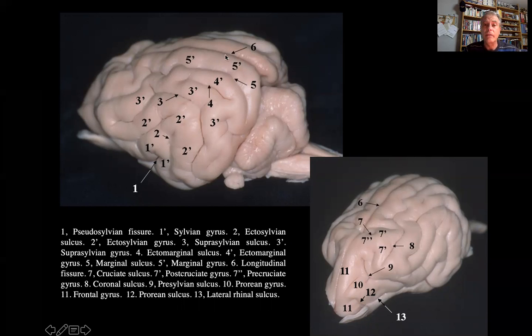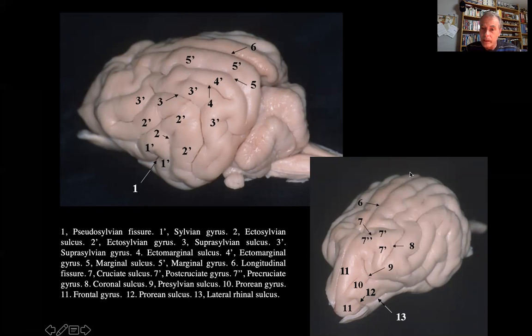And extending from the longitudinal fissure of the brain, we have the marginal sulcus, right, and the ectomarginal sulcus, that are separated by the marginal sulcus. Right, here, okay? And this is the ectomarginal one.